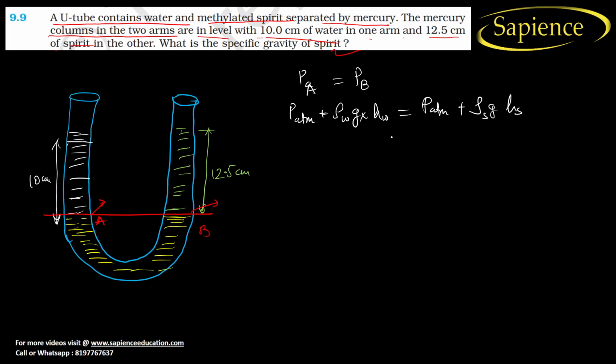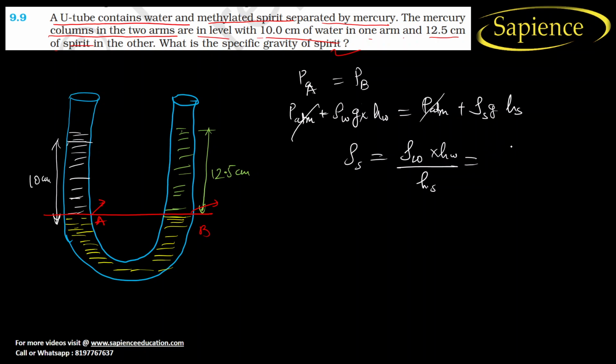Now the atmospheric pressure can be cancelled, and after that g will also get cancelled. So we want the density of the spirit. So density of the spirit will be equal to density of the water into height of the water divided by height of the spirit.